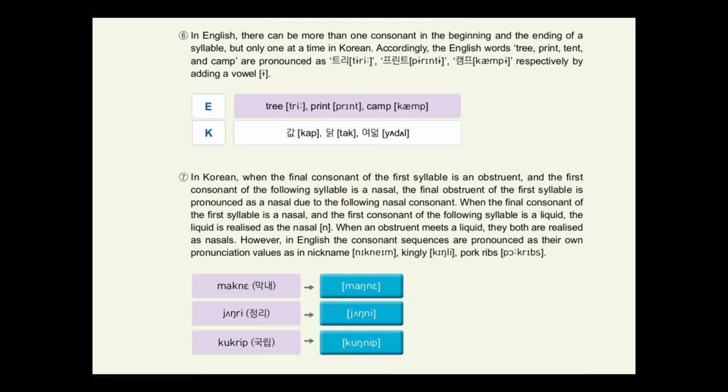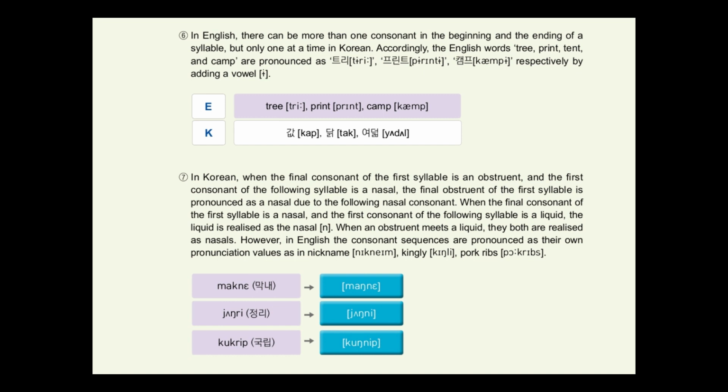Number 6. If you've ever learned English phonics, you know that there are consonant blends like TR, PR, ST, and so on at the beginning of some words, and also consonant blends like ND, MP, and ST at the end of some words as well. English, tree, print, camp. Korean doesn't do that.